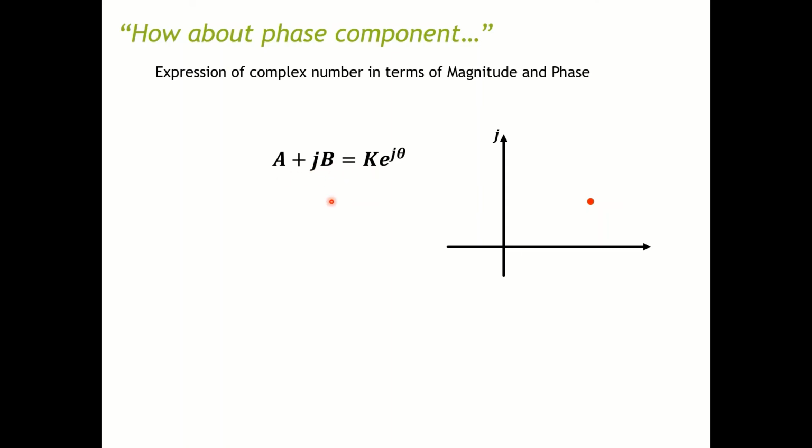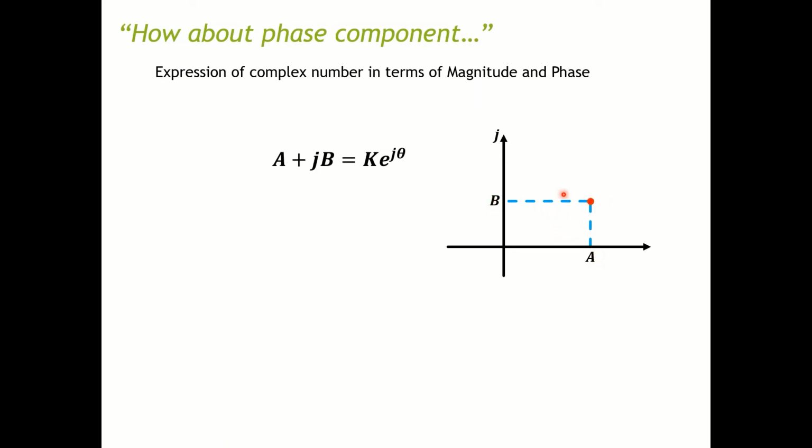If you want to plot this complex number a plus jb, you trace in the real component and plot out a, then you trace in the imaginary component and plot out b. So you have your number plotted in the complex plane.